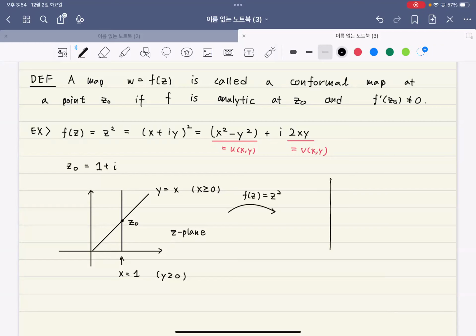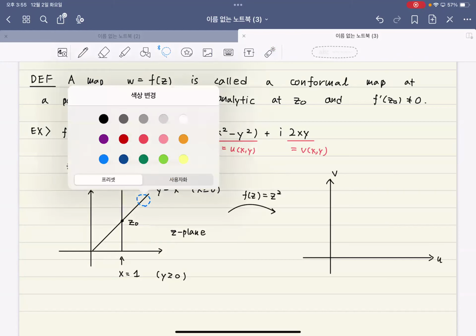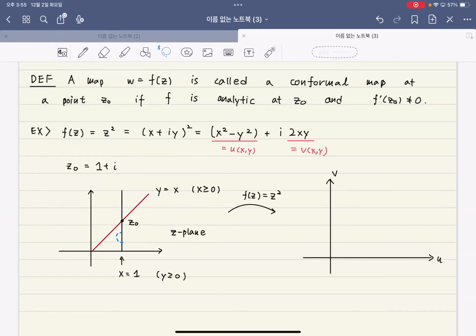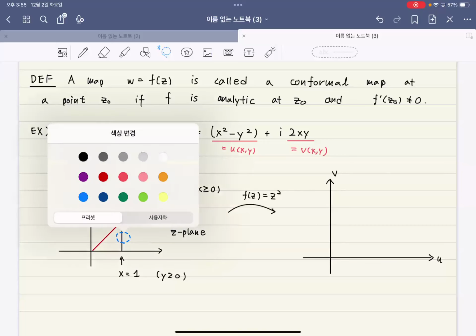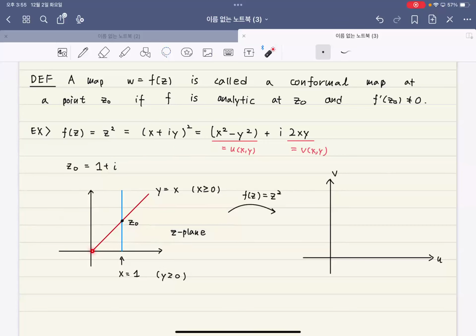So what do you think is the image of these two curves under this analytic map? It's u and v. This is a very interesting exercise. Maybe I should better change the color of these curves. This is red, and say this is the blue one. First I will try to figure out the image of this guy. y is the same as x.